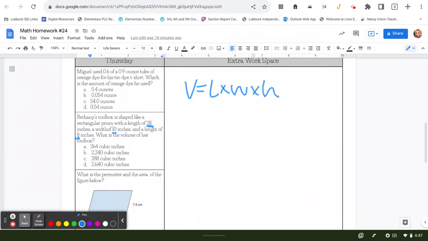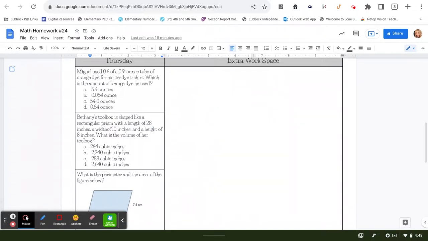So you're going to do length, 28, times width, 10, times height, 8. Okay. You can do this multiplication 2 digits at a time. You're going to do 28 times 10, and whatever you get here, you're going to do that times 8. Let me know if you need any additional help with that one.